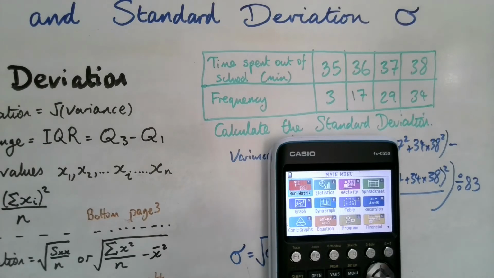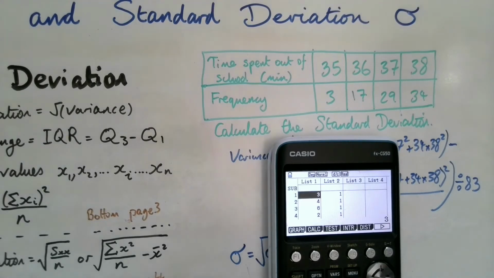So remember, we go to statistics mode, mode 2, and my first number is going to be 35, then 36, then 37, then 38, then I just need to delete the other ones that I've got there. Then I go across to the other list and I want 3 of the 35s, 17 of the 36s, 29 of the 37s, 34 of the 38s, and I'll delete those.